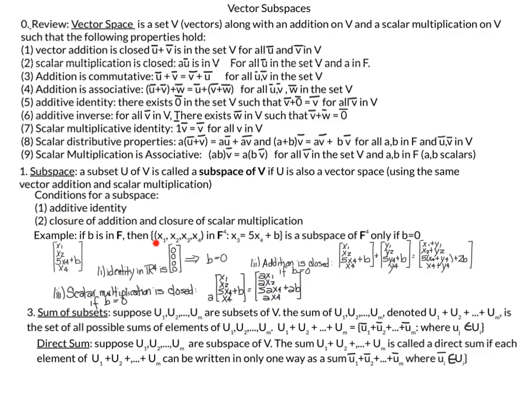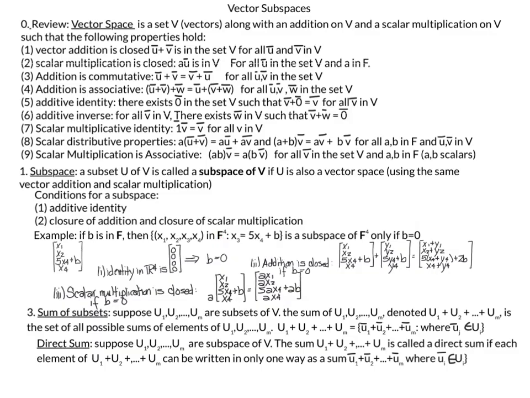We'll do this example here, where b is in our field, and in the field we can either have real numbers or we can have complex numbers. So instead of F^4, I like to think of R^4. The difference between F^4 and R^4 is that R^4 are real numbers, and F^4 can be real or complex.